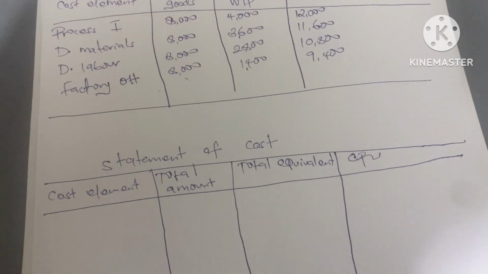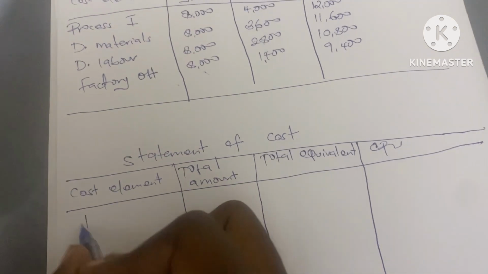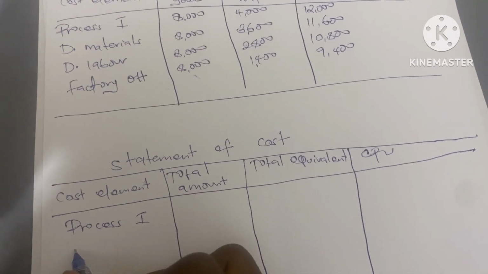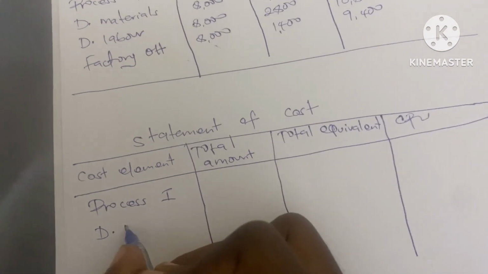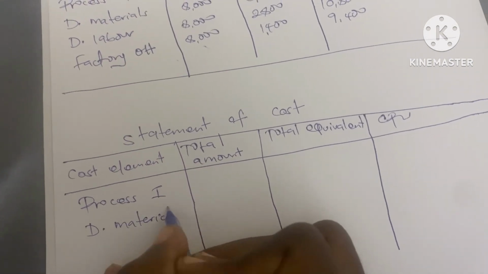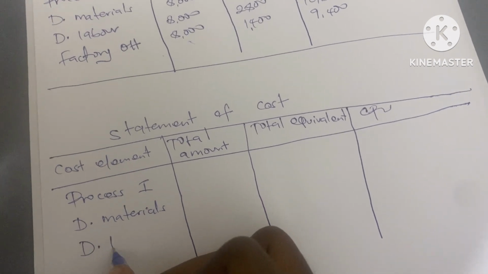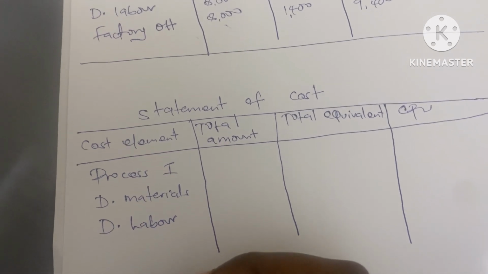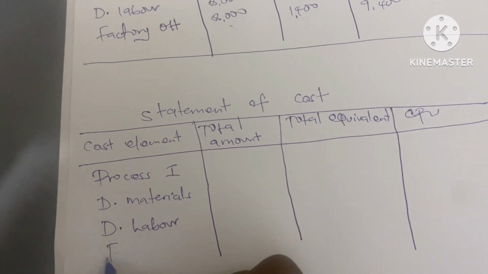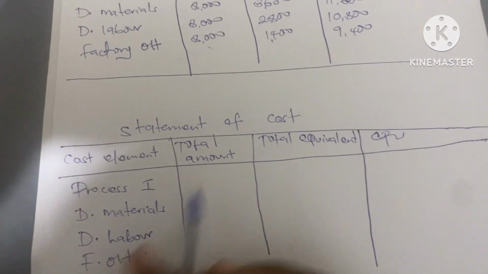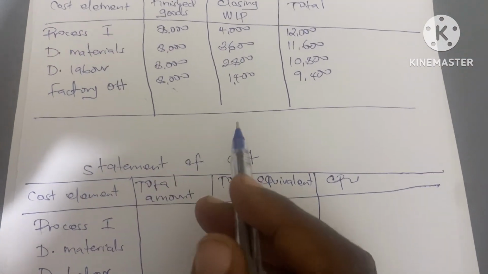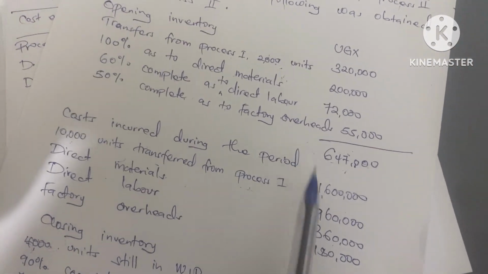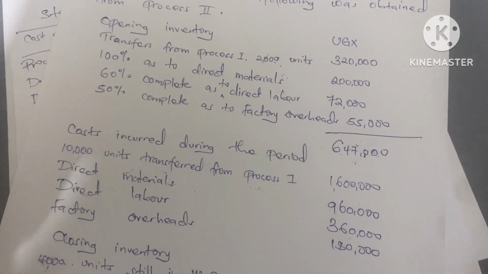Then our statement of cost, we still have the cost elements: process 1, direct materials, direct labor, and then factory overhead. So here we are going to get the total amount of the opening inventory and the costs incurred during the period.